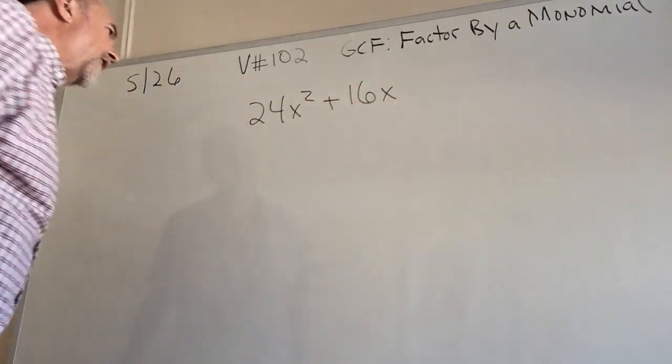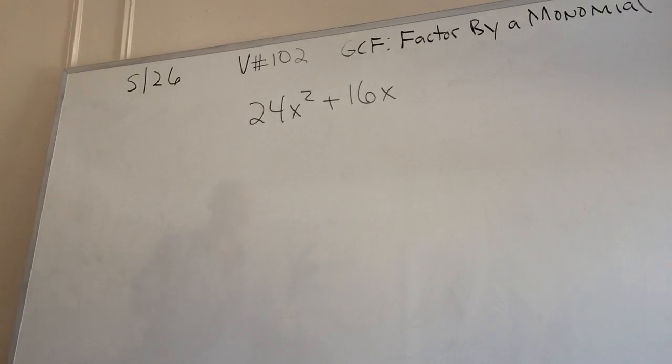And now, instead of being 24 plus 16, now it's an algebraic expression. If we're using polynomial talk, it's a binomial quadratic, or a binomial degree 2. And now I'm going to factor this out a second time and completely factor it.